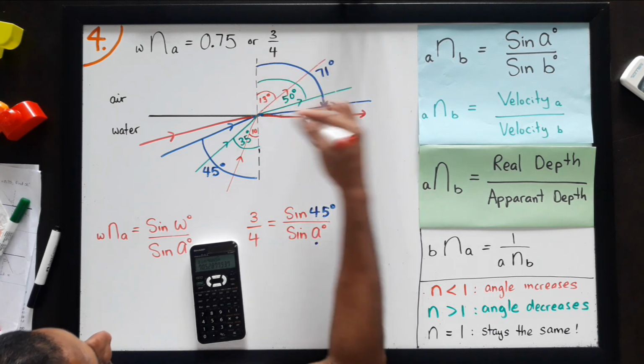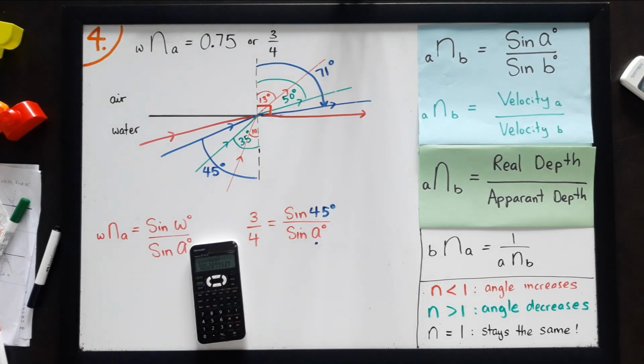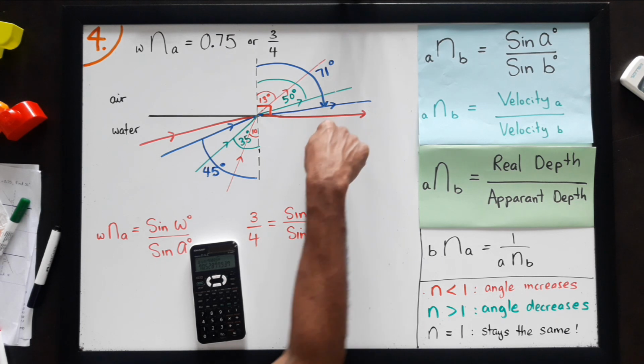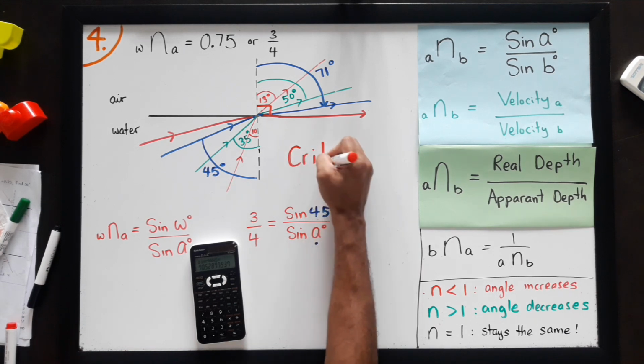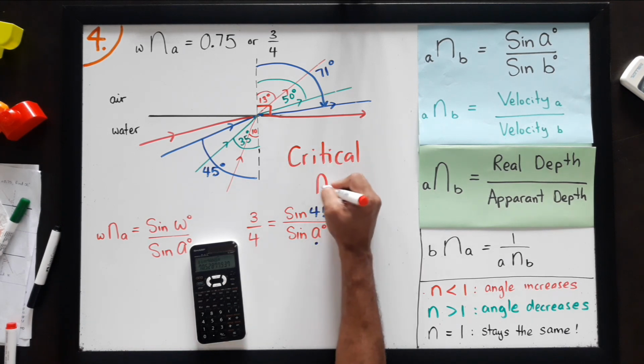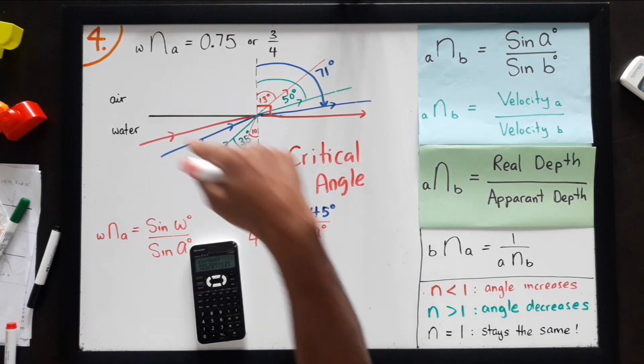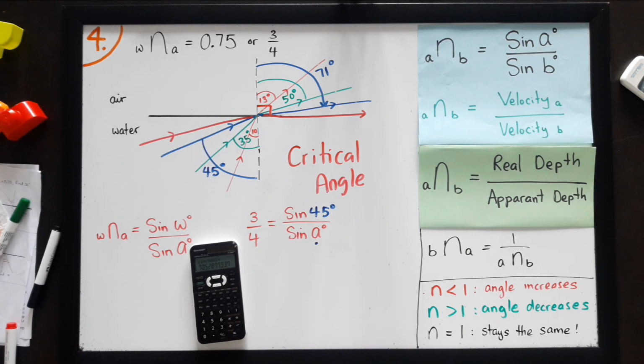If it's parallel to the boundary, that means it's exactly 90 degrees. And the angle that causes it to be 90 degrees is called your critical angle. Anytime your angle is bigger than the critical angle, it will cause an error on your calculator.